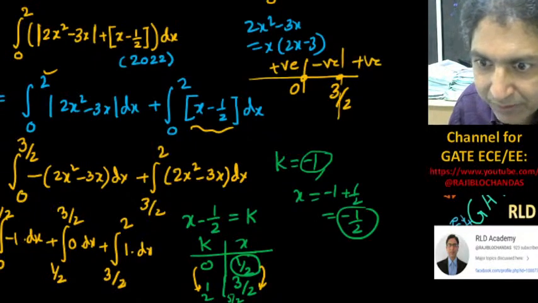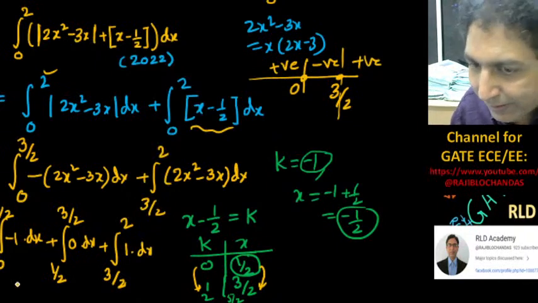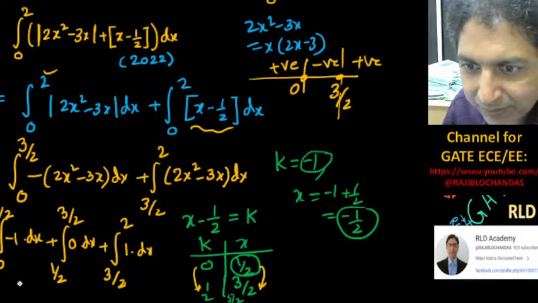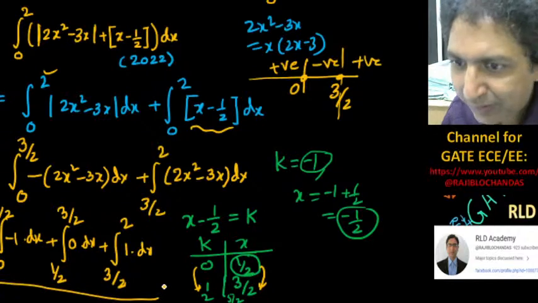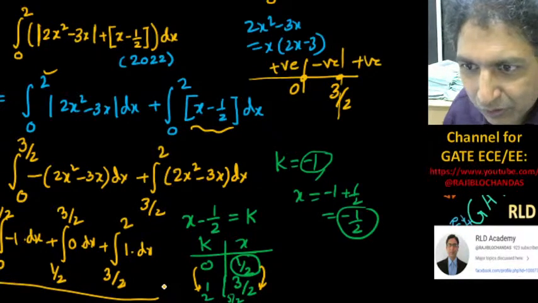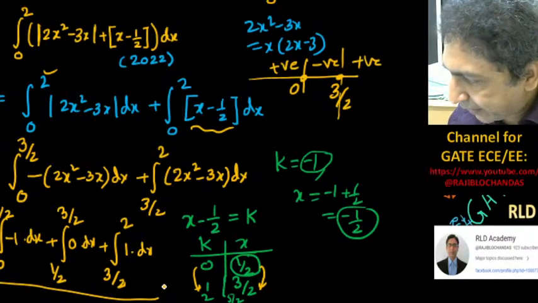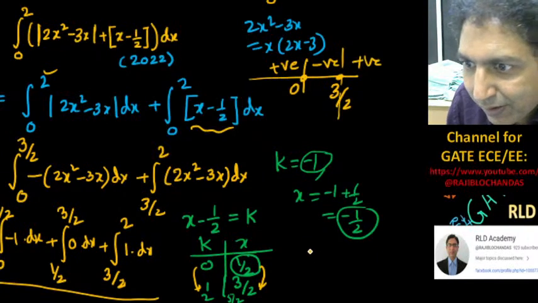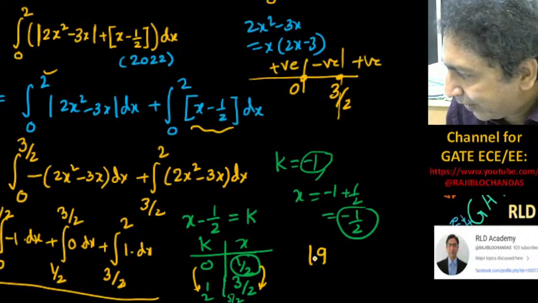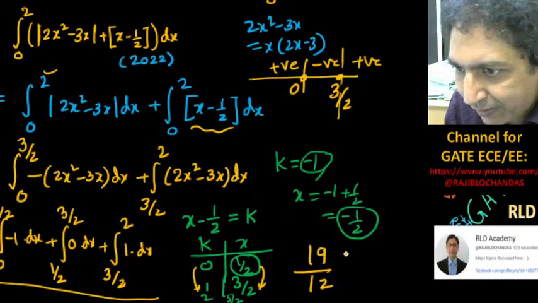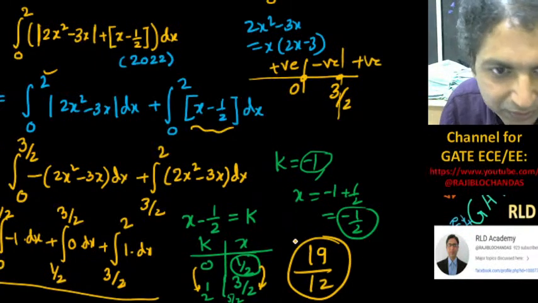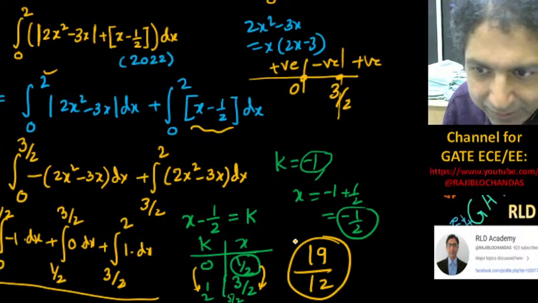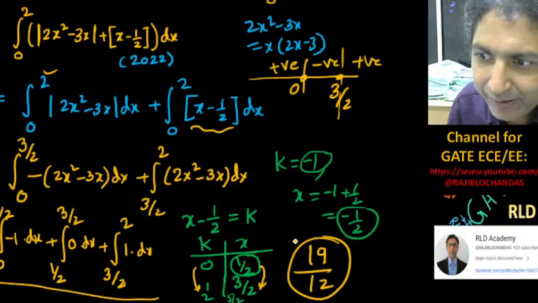If you solve everything, this total thing will become 0, you can check. So these two will contribute and this result will be, I think, 19 by 12, that is the answer. If you put the lower limit, upper limit, everything correctly, you will get 19 by 12.